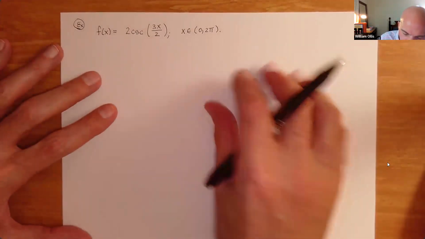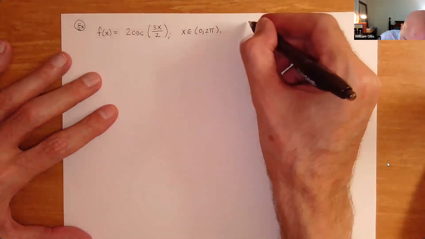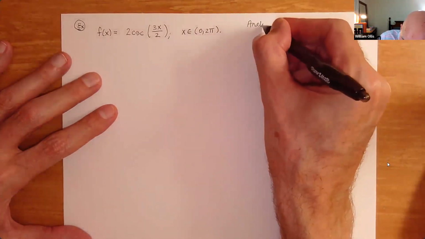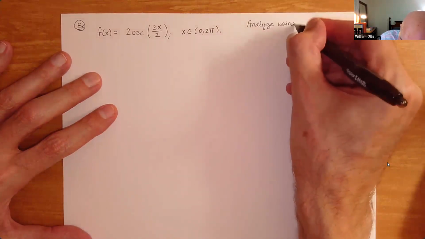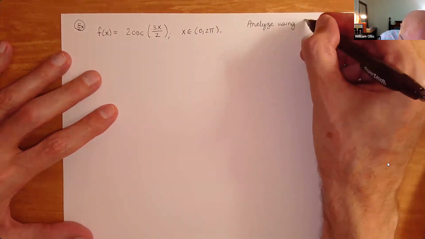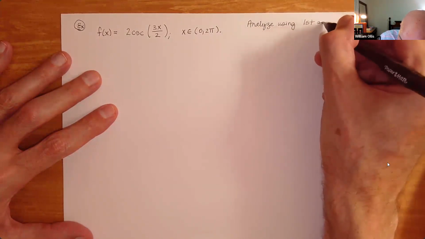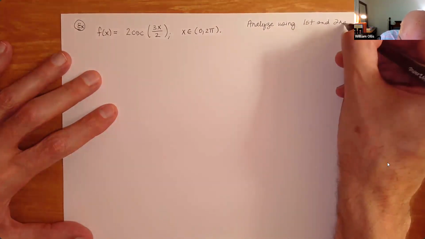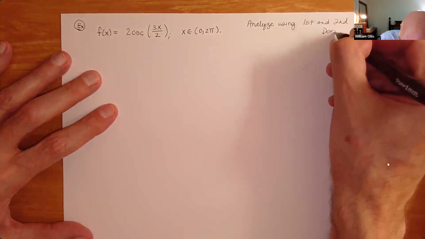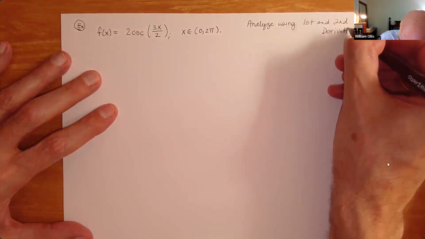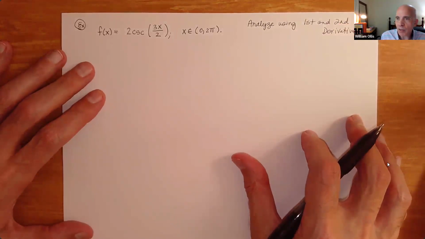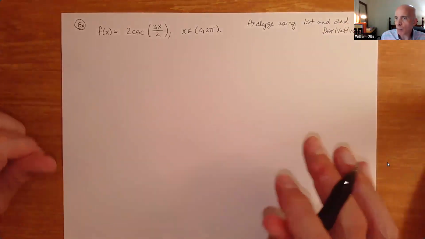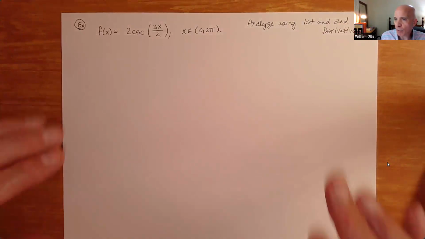Now, what I would first like to do is analyze using the first and second derivative. So many times, like I said before, the question might say, well, find points of upward and downward concavity.